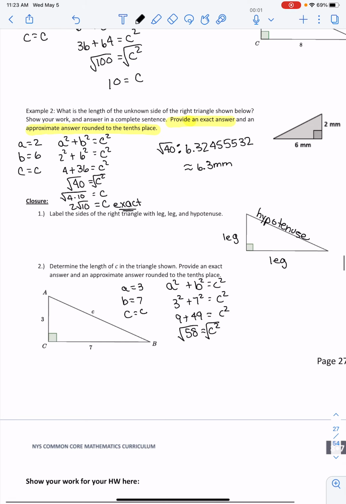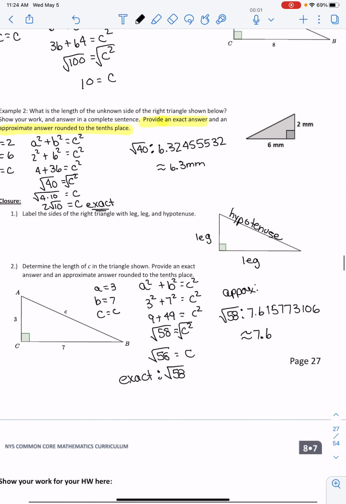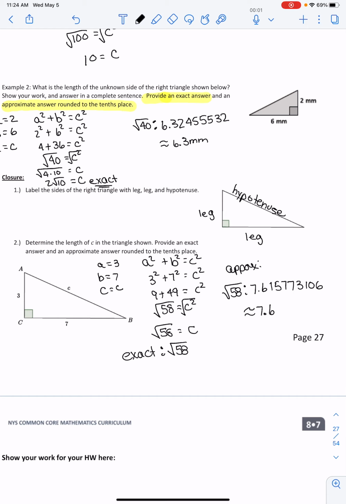So here my exact answer, my approximate, is that. And that ends our lesson for today.